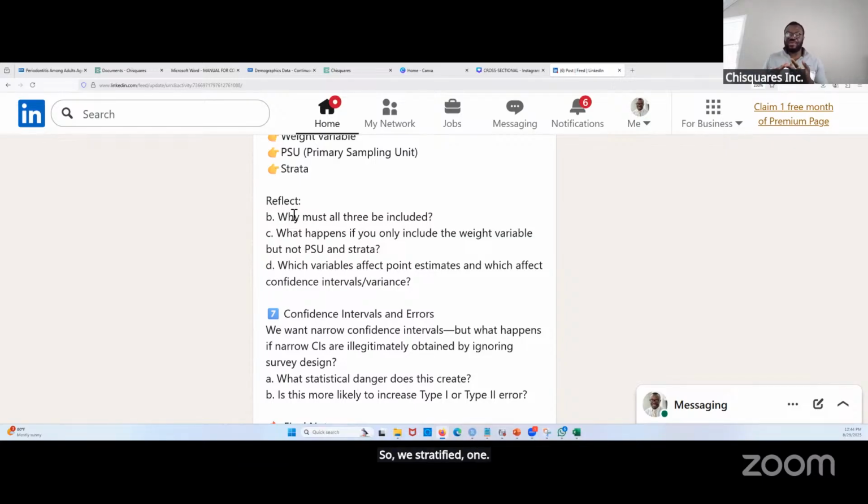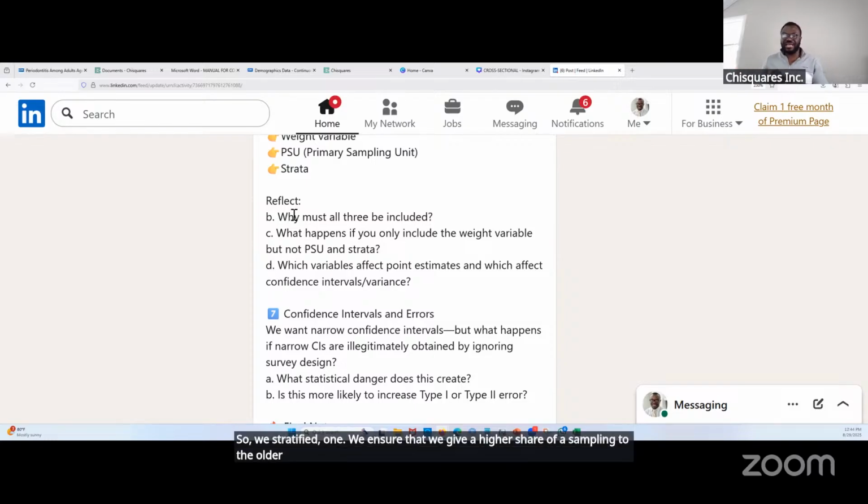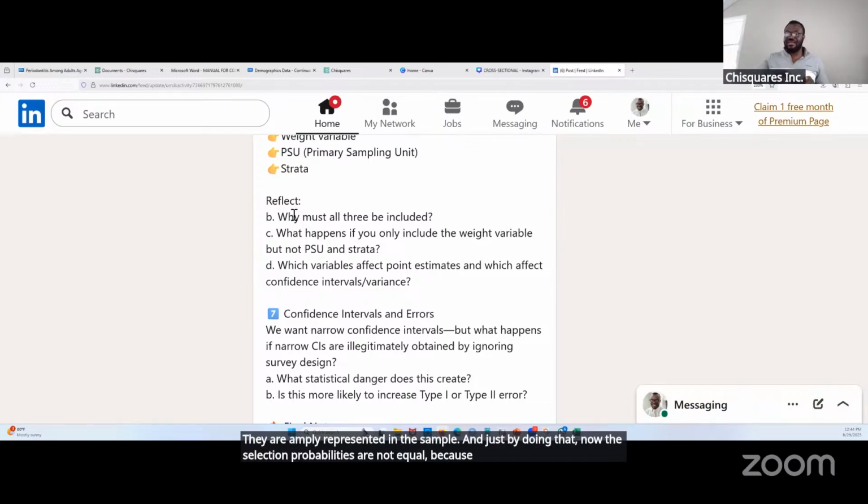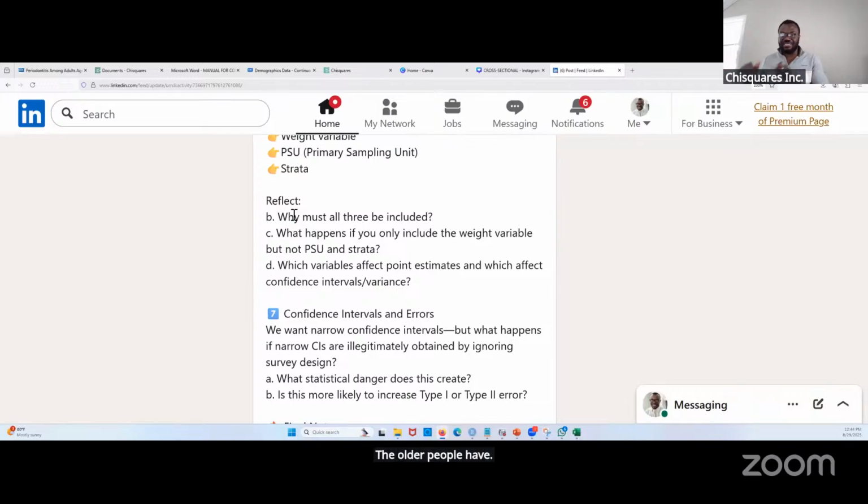We gave a higher share of the sampling to the older people to make sure that they are amply represented in the sample. And just by doing that, the selection probabilities are now not equal, because the older people have a higher probability of being selected than the younger people.